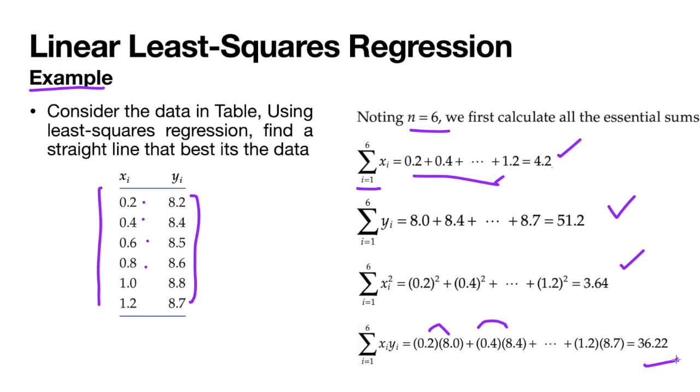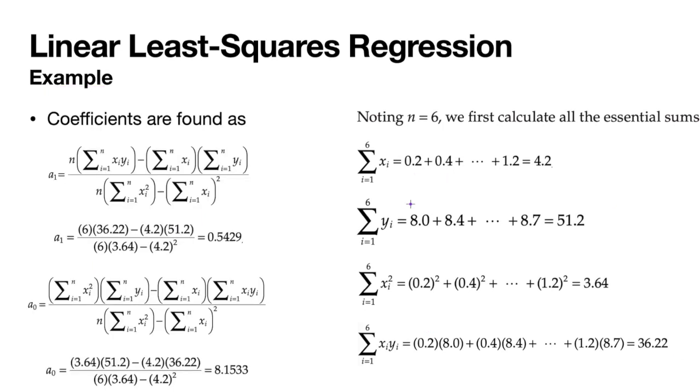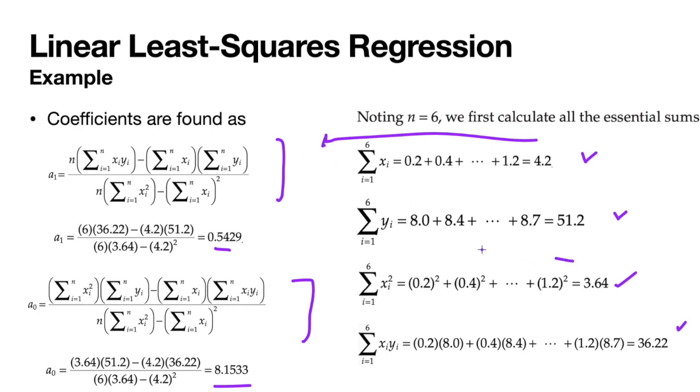After having all the summation values, we can put them in our formulas for A1 and A naught. These are all the values we calculated in the previous slide, and we are putting them in the equation here.